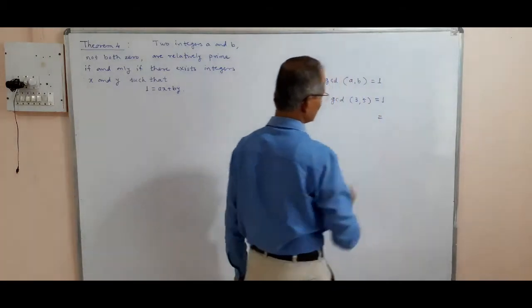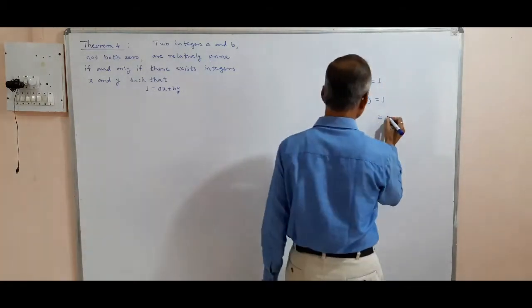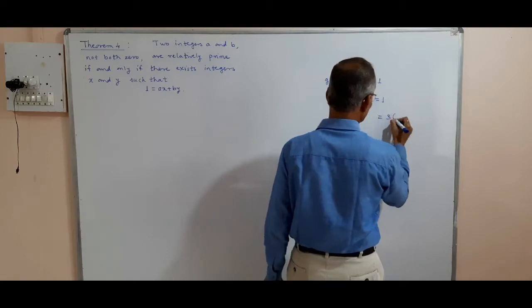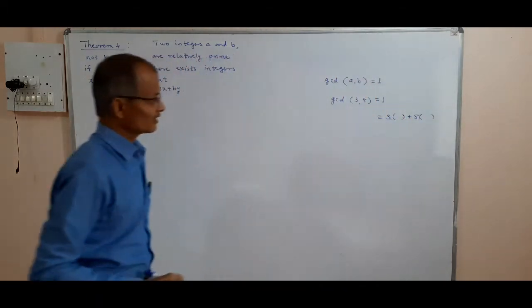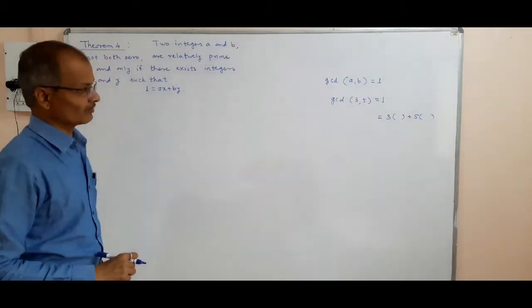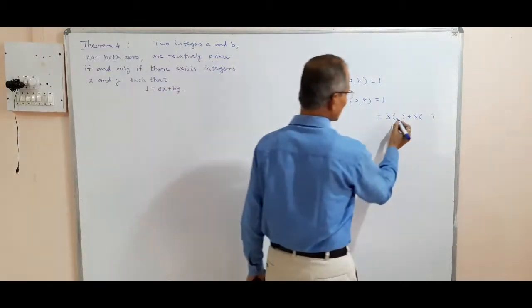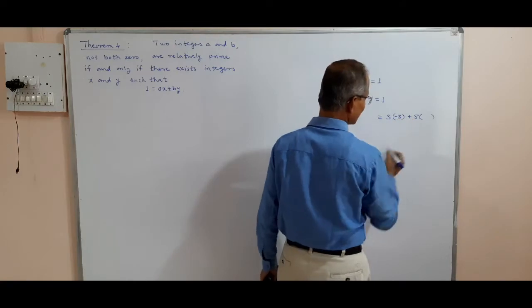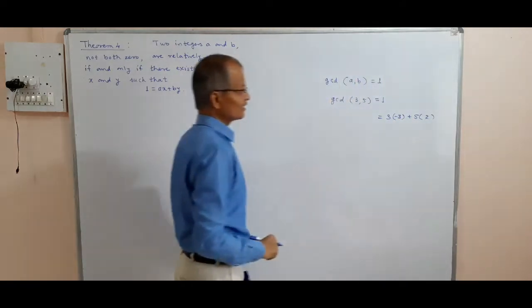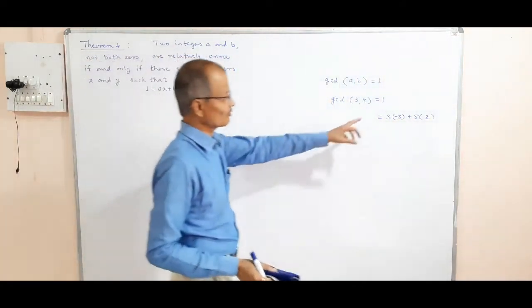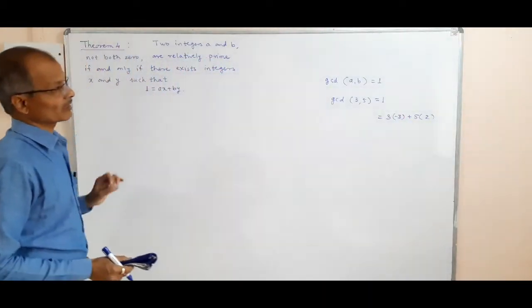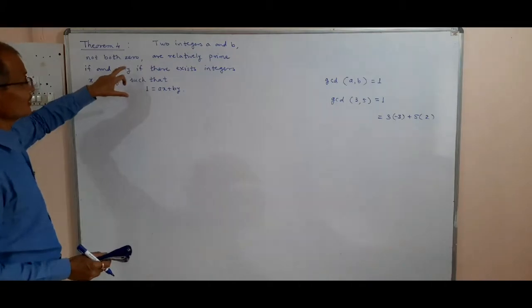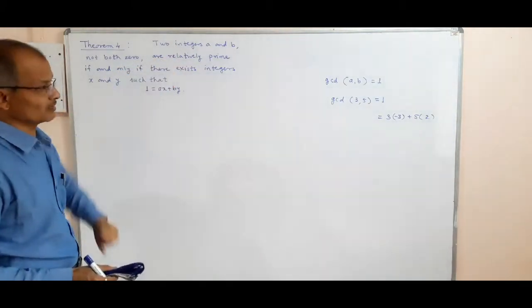It is a and this is b, so we may write 3 into some number plus 5 into another number. What should be the choice of x and y? We may consider minus 3 and 2. Then this becomes equal to 1: minus 9 plus 10 is 1. So this is the property of relatively prime integers.